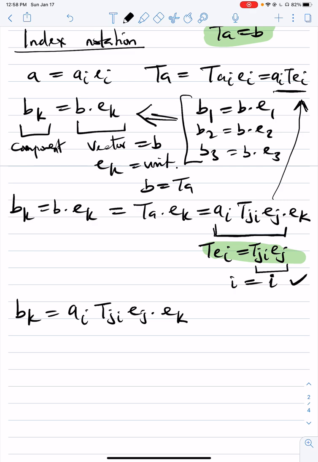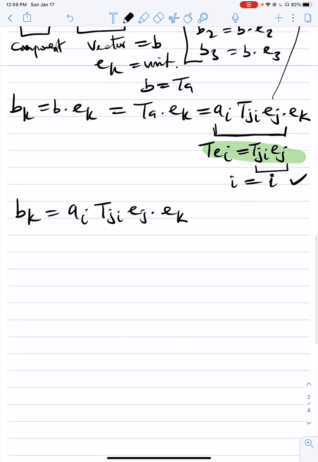So TE_i equals this. This is the tensor times the unit vector, to give you the transform, the new one. So we've moved from E_i to TE_i, which is this. We're just trying to play with it. It's simply maths. We're trying to develop an expression for this.